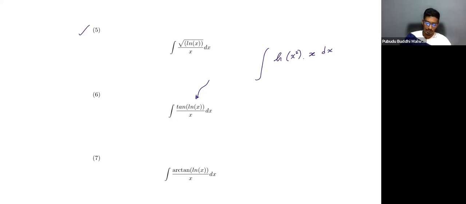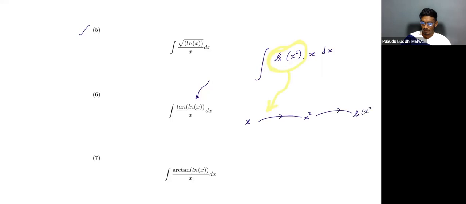Can you understand that? If we pick this part separately, there are two functions here. x to x squared, that's the inner function. Then x squared to natural log of x squared, that's the outer function.